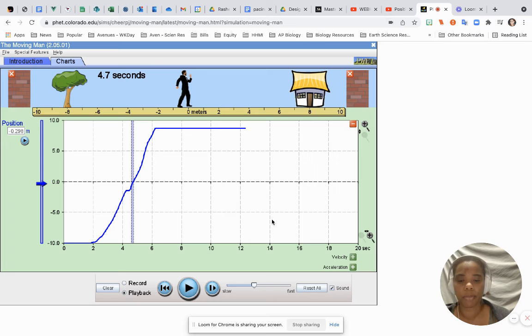Does the data support your hypothesis or not? And then what did you learn from the graph? And then we can try to look at different kinds of motion. Maybe then after that, using this particular website or a ball rolling down an incline, we can start to look at other kinds of motion.